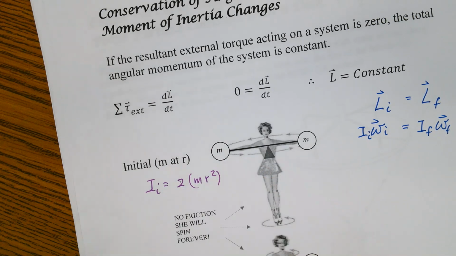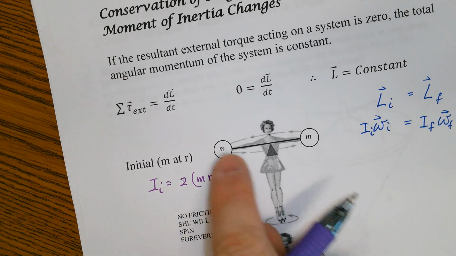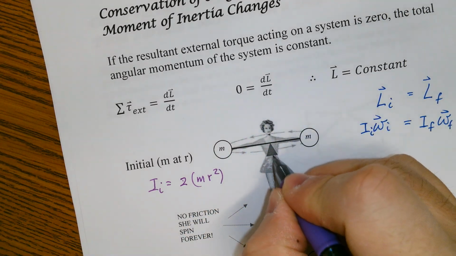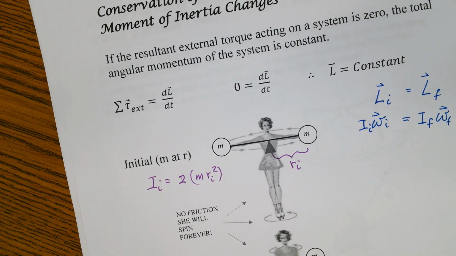Now, obviously, you can't bring this weight set to the Olympics. You'd be cheating. I guess they could wear heavy bracelets if they want to. The heavier or more massive your hand is, the more dramatic an increase in spin you're going to get. So here we have 2m, and this is R initial. So 2 times mr squared.